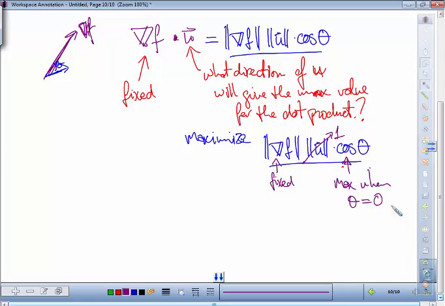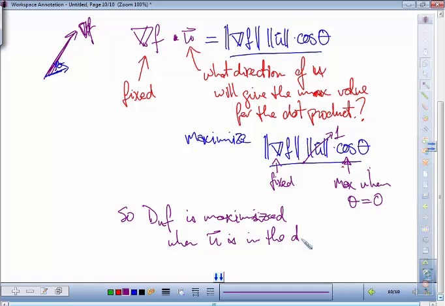So what direction is u going when theta is equal to 0? Direction of the gradient. So df in the direction of u is maximized when u is in the direction of the gradient.